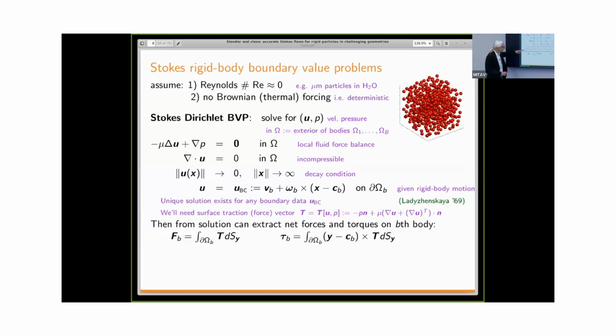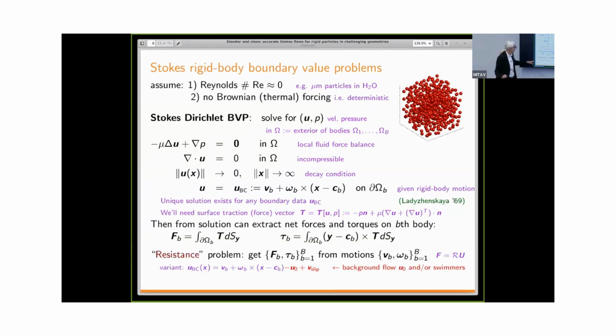So if you've solved for U and P, then you can extract the force by integrating the traction over the surface of each body, and you can extract the torque by cross-producting the traction on each body. That's an interesting thing you might want to know. And so that leads to the resistance problem, which says, if I'm given the motions, the rigid body velocities and angular velocities of all of these bodies, what are the forces and torques that result on them? And so that's one big linear system.